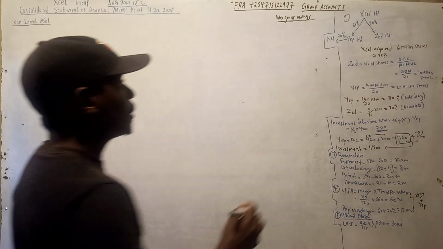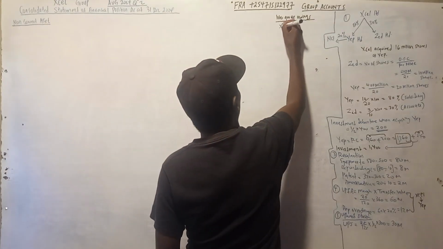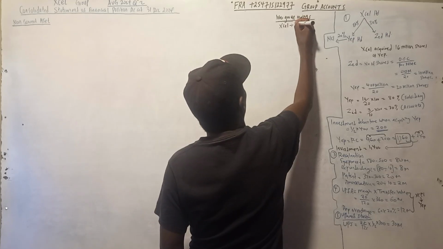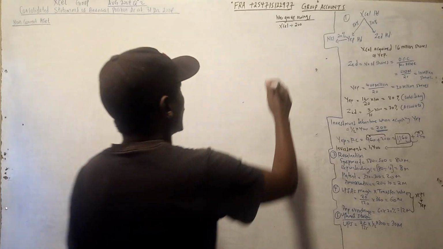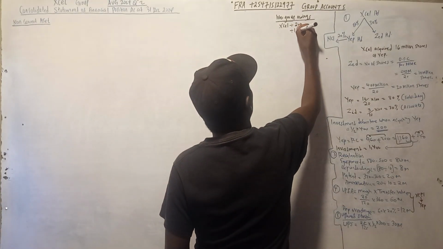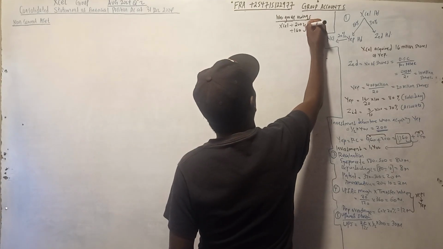Now let us analyze this question. So Excel owed YEP 200. He was supposed to pay YEP. The books of Excel, however, showed he owed 160, meaning he had paid 40.